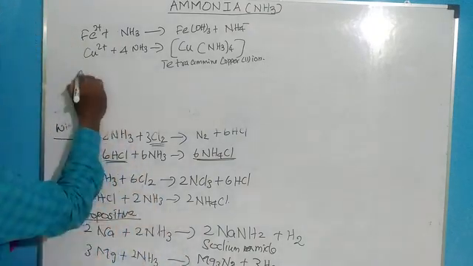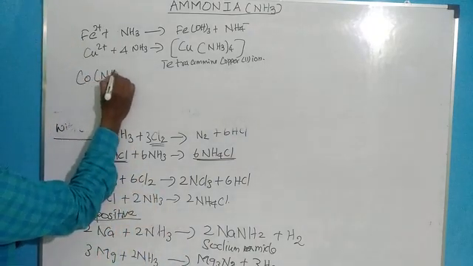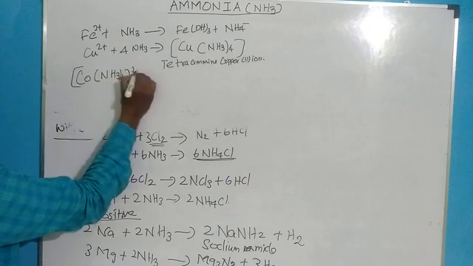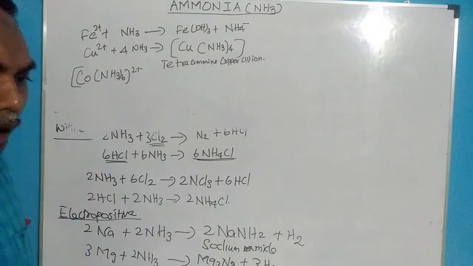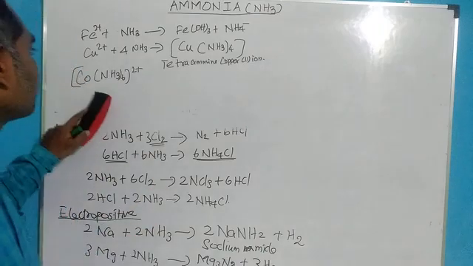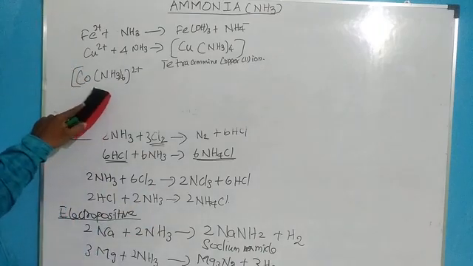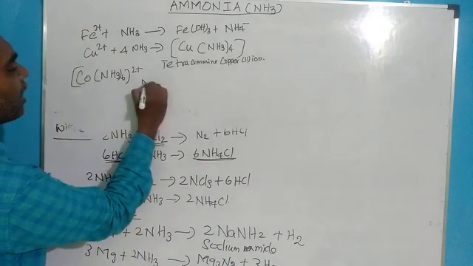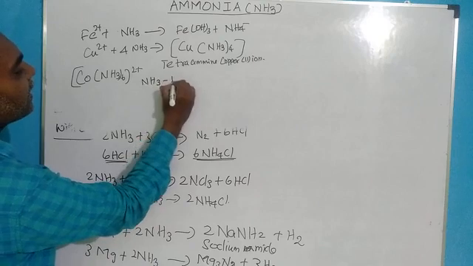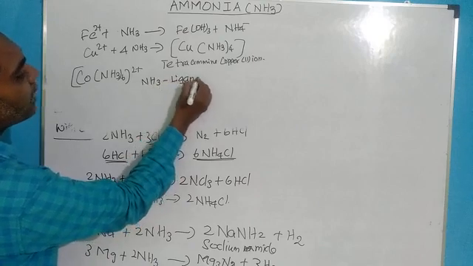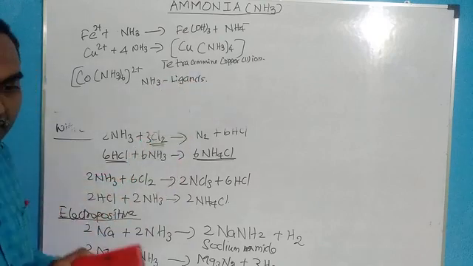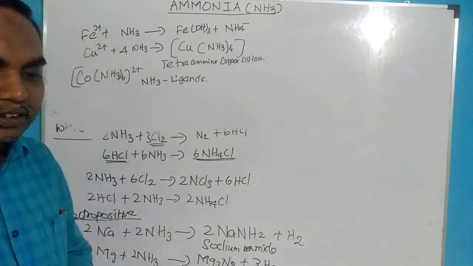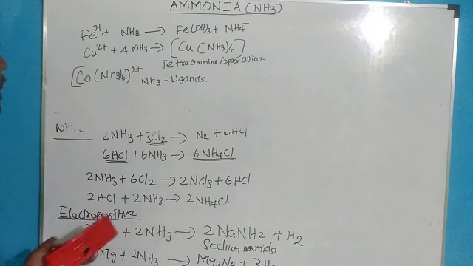With cobalt, it gives hexaamminecobalt(II). So ammonia reacts with transition metals and forms complexes. Here ammonia acts as a ligand. So these are the important reactions regarding ammonia.